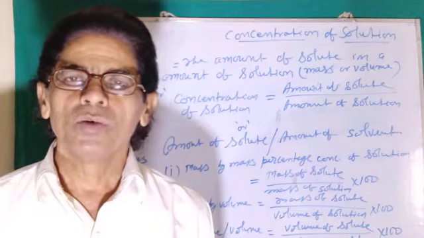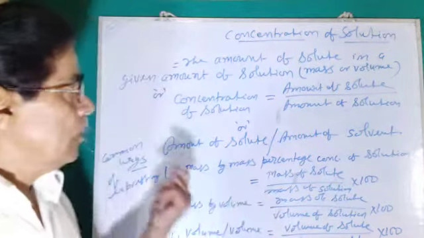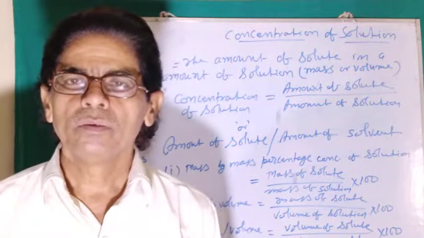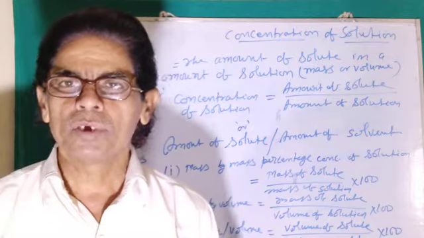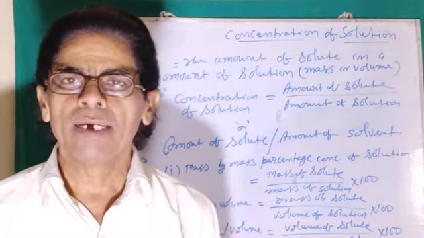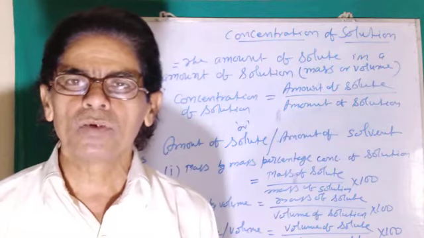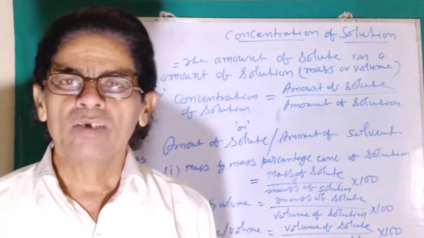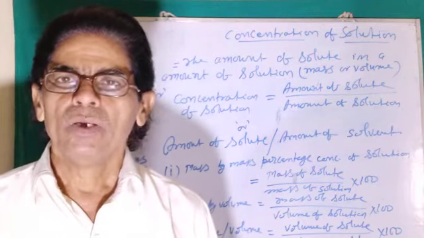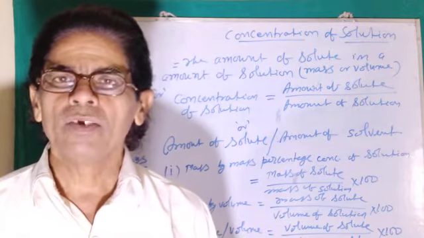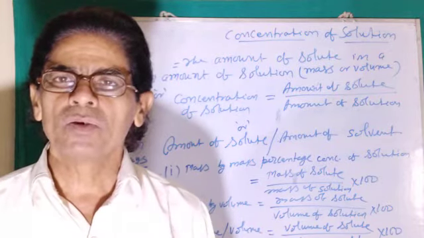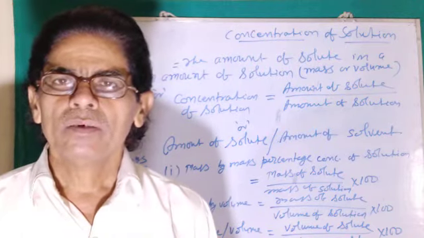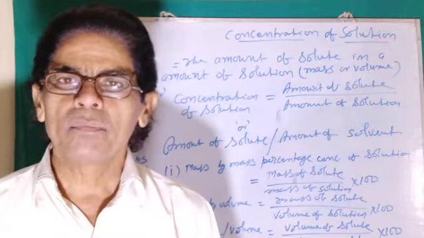Today I am going to deal with the concentration of solution. Yesterday we studied the nature of true solutions. We have seen that true solutions are those which have stability, meaning when they are left undisturbed, the solute particles do not settle at the bottom, and they can pass through filter paper.